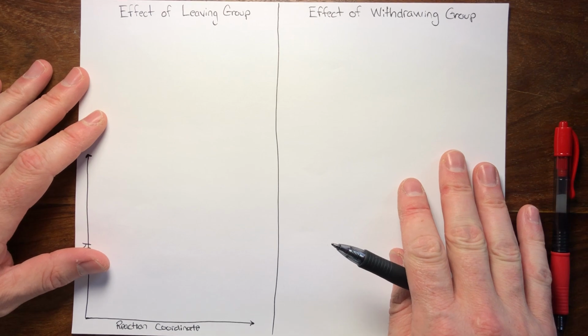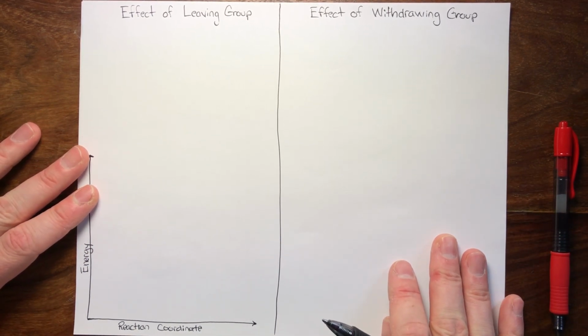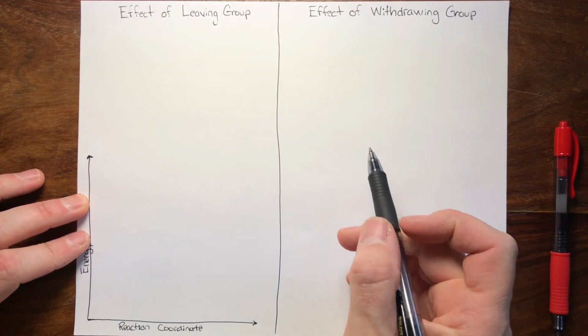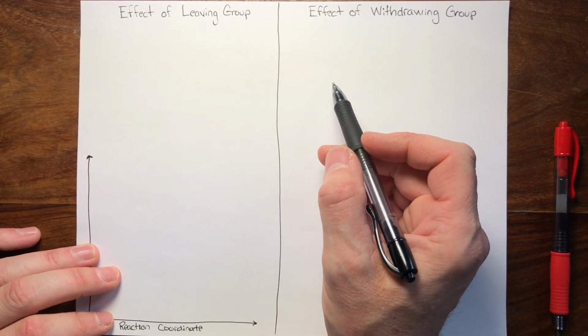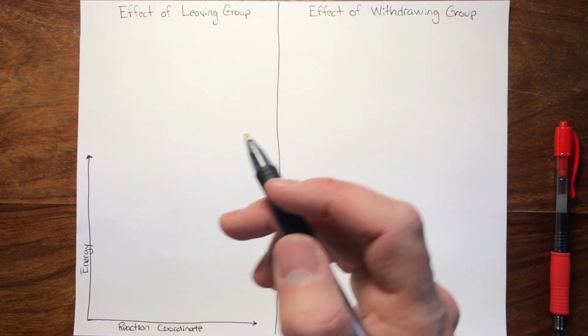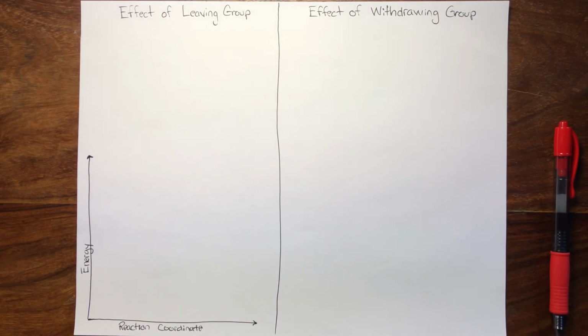Let's look at some of the other factors that we might have to consider. All right, and we're going to take a look at the effect of the leaving group, right? So how is that type of halogen going to influence the reaction, and also the effect of the electron withdrawing group. When we went over electrophilic aromatic substitution, we learned that there are several different electron withdrawing groups, and we'll take a look to see which of those might work better than others.